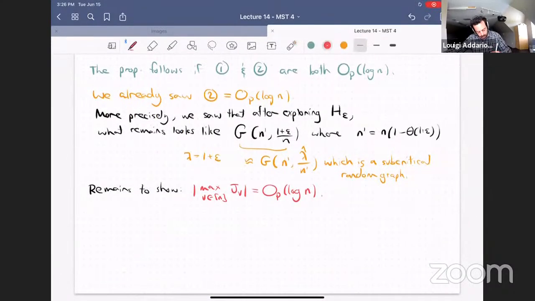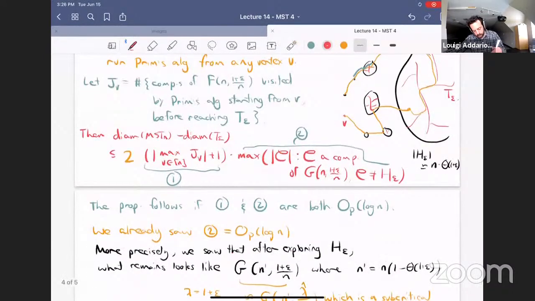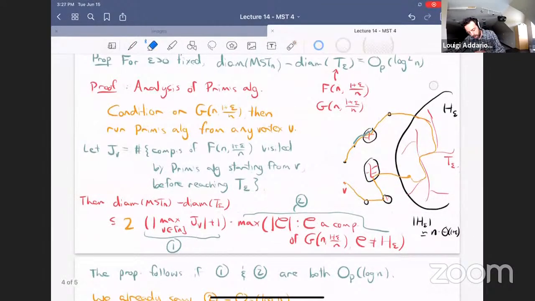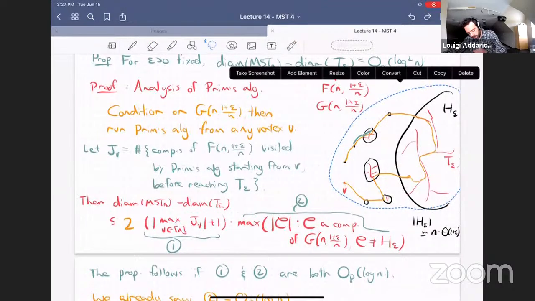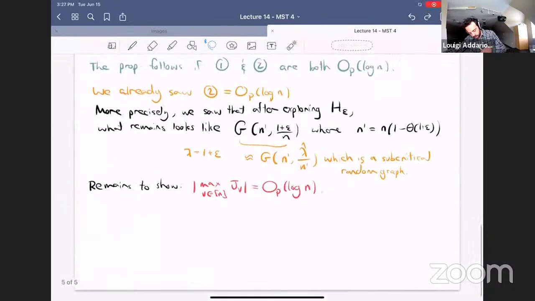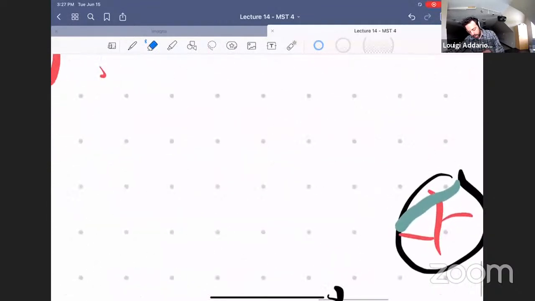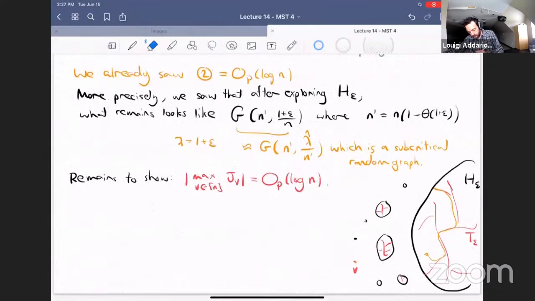So let's analyze that now. Let's think about what happens when we add an edge that's not within one of these components. Remember, I'm thinking of fixing the structure of this graph here, and then running Prim's algorithm, starting from, in this example that I've just drawn, where the component containing V is just a vertex.